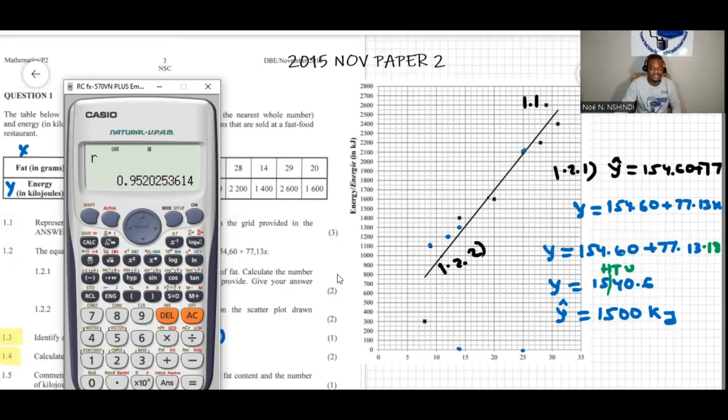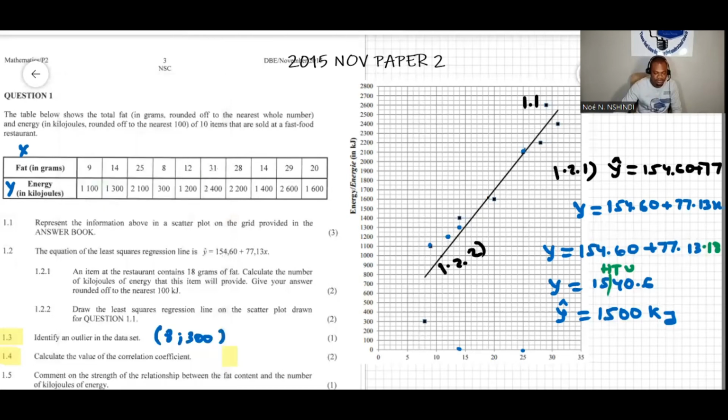To the second decimal place, we look at the third decimal value, which is 2. Because 2 is less than 5, we drop all the digits from 2 onwards. So the answer is r equals 0.95.